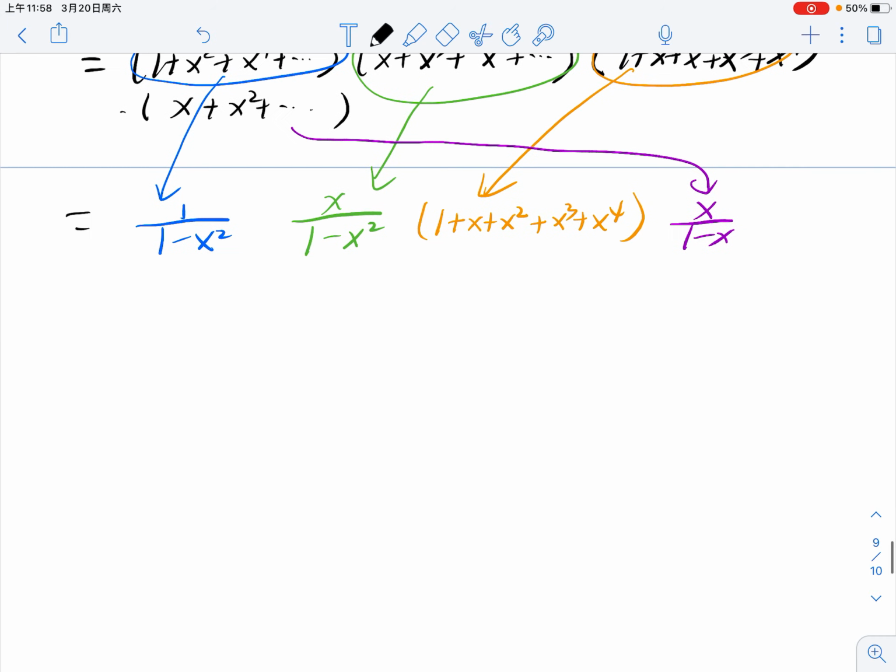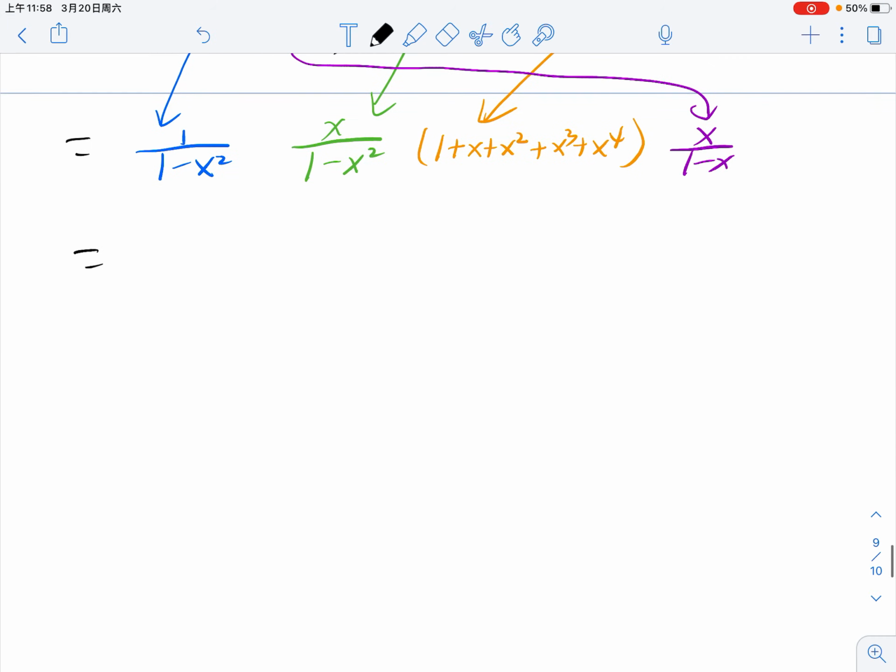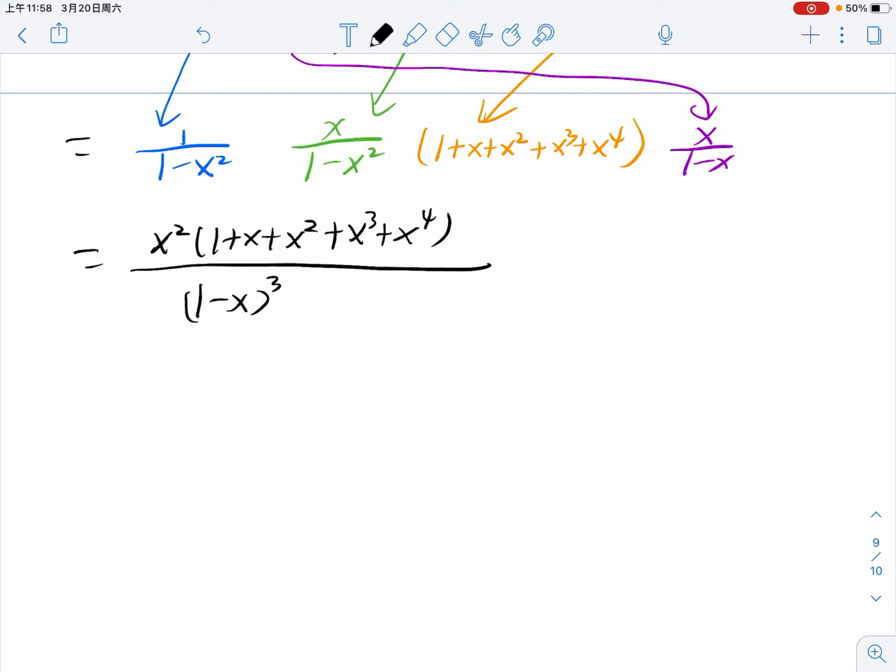So finally, you have x squared times (1 plus x plus x squared plus x cubed) divided by (1 minus x squared) times (1 minus x).